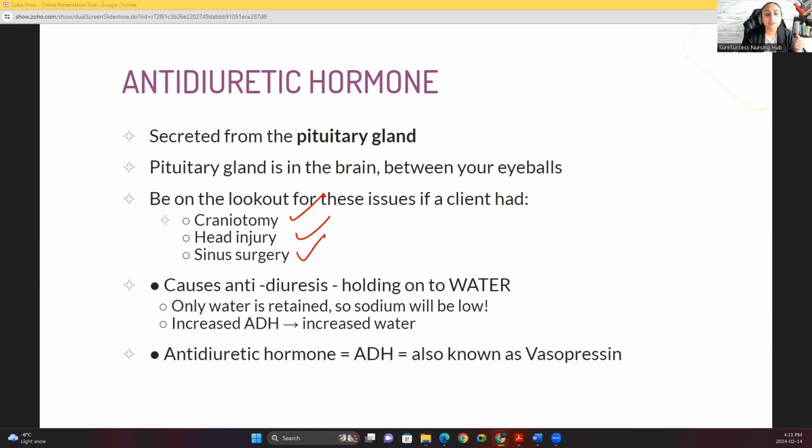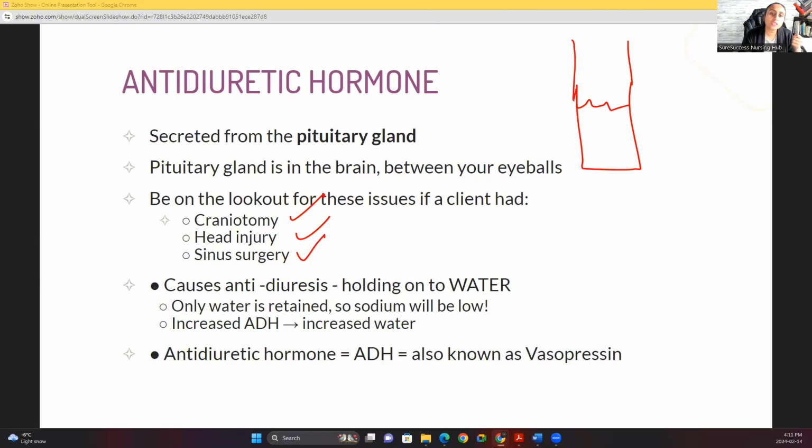All right, and what is happening? It causes antidiuresis, means holding of water. I just wanted to tell you, I have a glass of water. Let's increase the size of the glass.